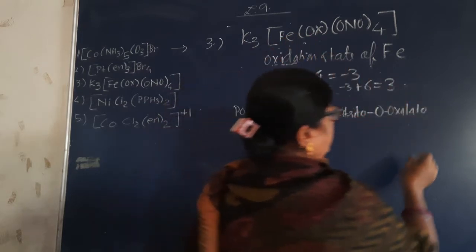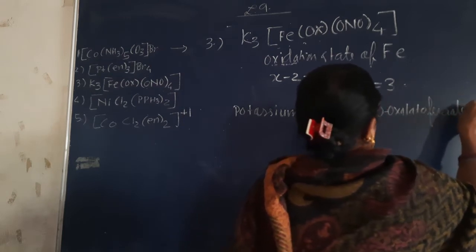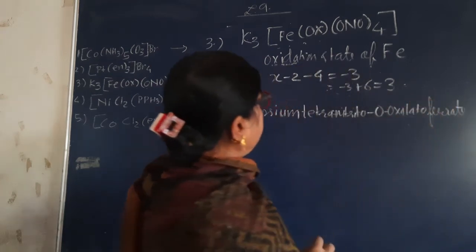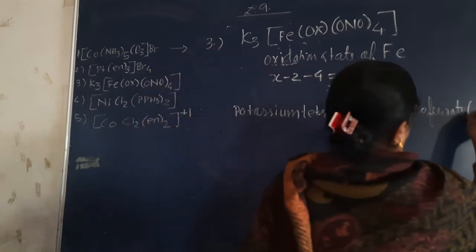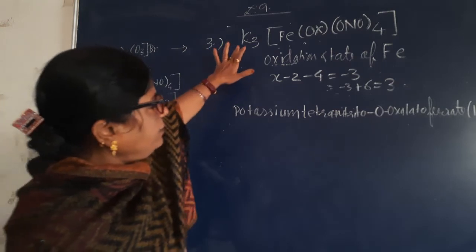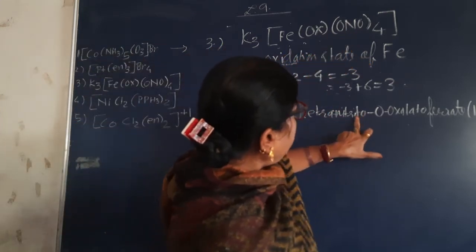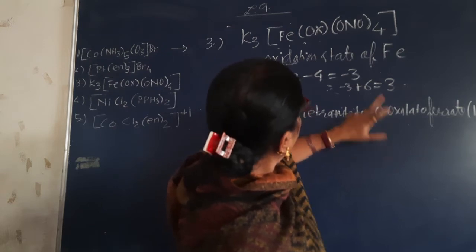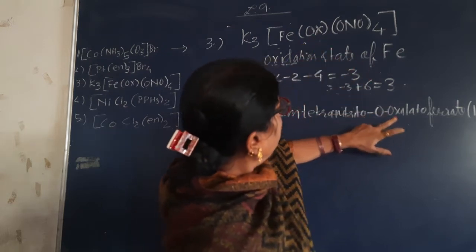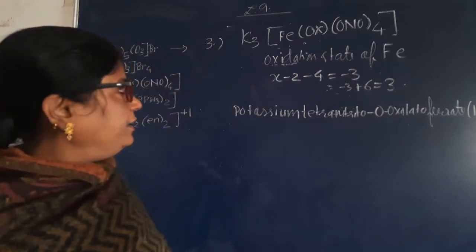This time iron will become ferrate. Then oxidation state of iron is 3. So potassium tetranitrito-O oxalato ferrate(III). The oxidation state of iron is 3 here.